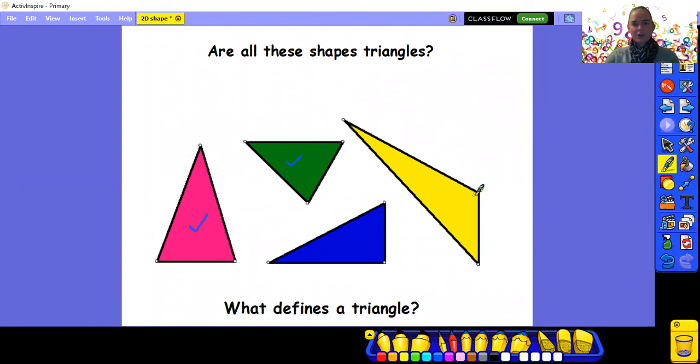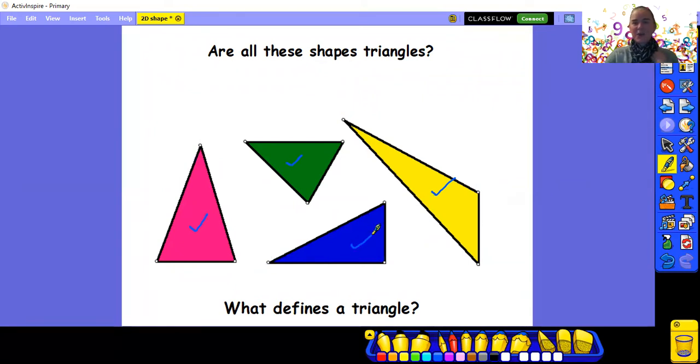1, 2, 3 vertices. 1, 2, 3 very long sides. Well done. Tick. Check again. 1, 2, 3 vertices. 1, 2, 3 sides.